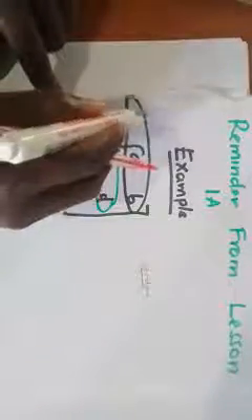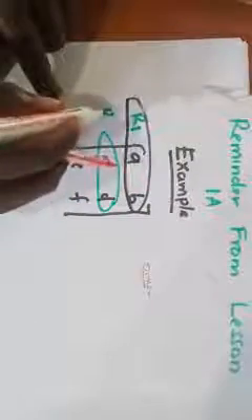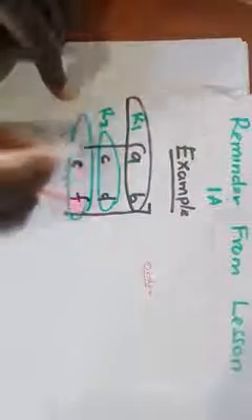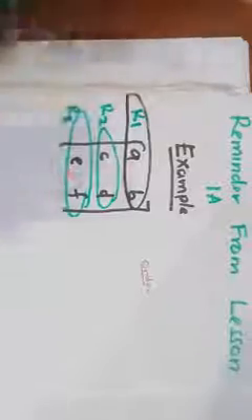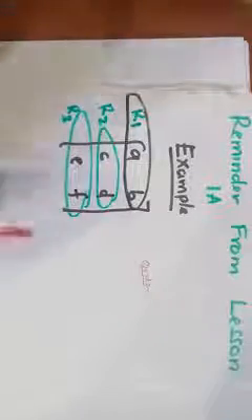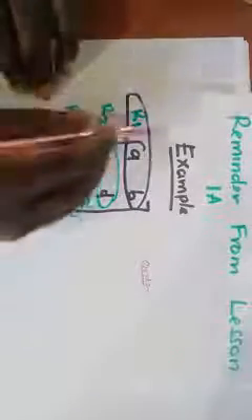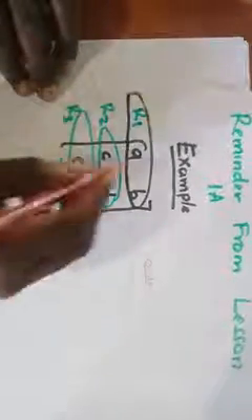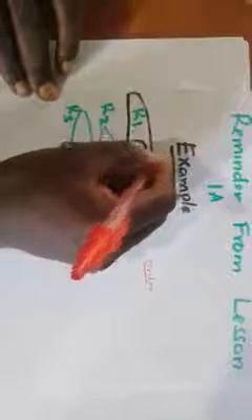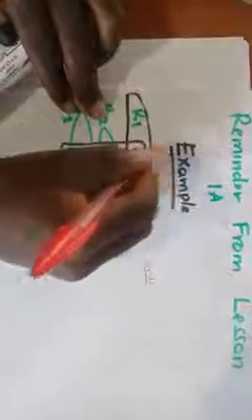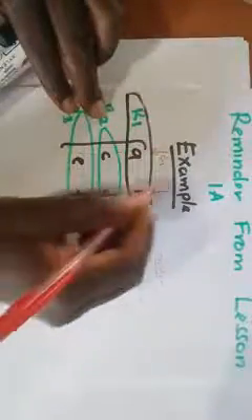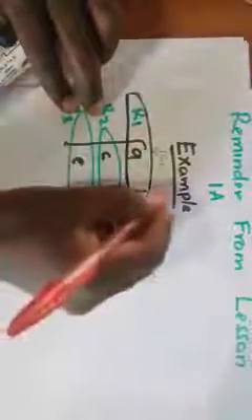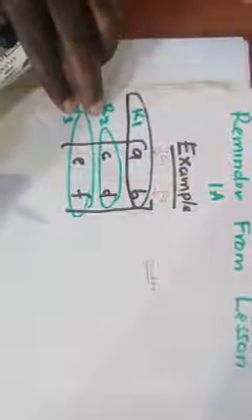This is row number 1, this is row number 2, and this is row number 3. Also, we can look at this matrix in terms of columns, which are the vertical arrangement of elements. This is column number 1, and this is column number 2.